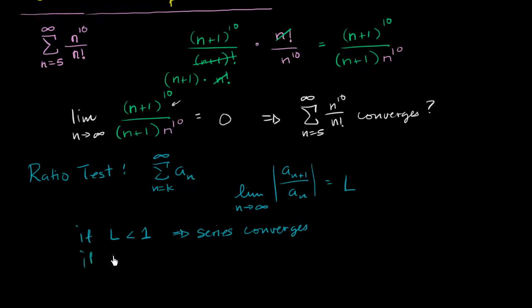If L is greater than 1, the series diverges. And if L is equal to 1, it's inconclusive. We don't know. We would have to do some other test to prove whether it converges or diverges.